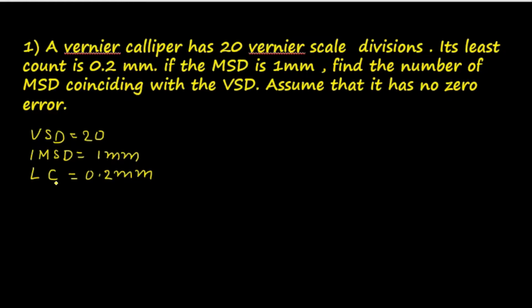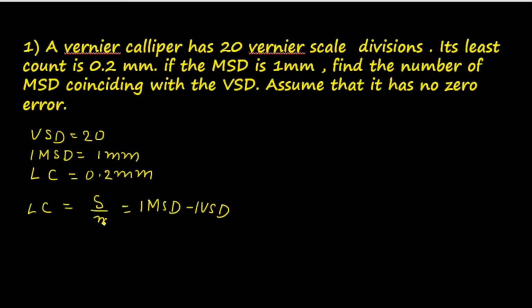Least count is given. There are 2 formulae for finding out the least count of the vernier caliper. Least count is equal to S by N, equal to 1 main scale division minus 1 vernier scale division. We can use any one of these, but which one will give the number of main scale divisions coinciding with the 20th vernier scale division?